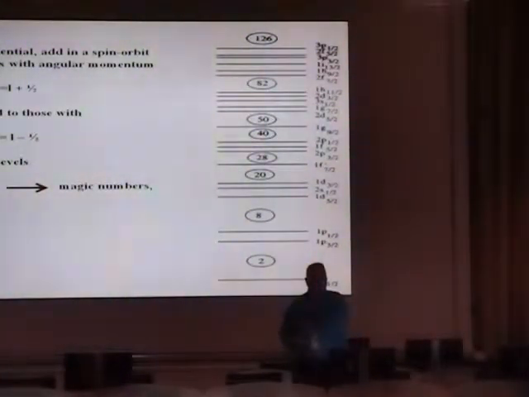Well, yes. If you have a filled shell, you have particles in every magnetic substate allowed by the Pauli principle. And therefore, you have kind of a uniform spherical distribution of nucleon density. And so it is like a shell. It's not rigorously a shell, but it's pretty close. Thanks.